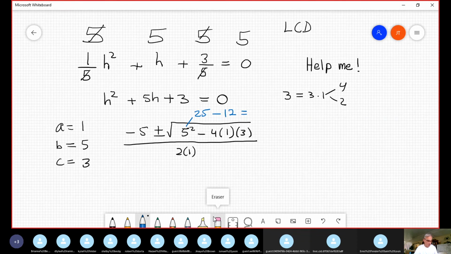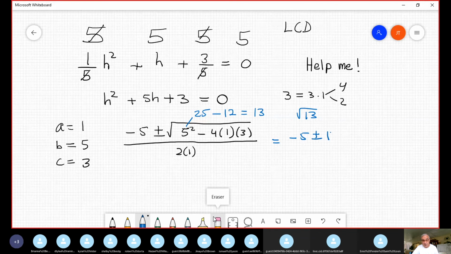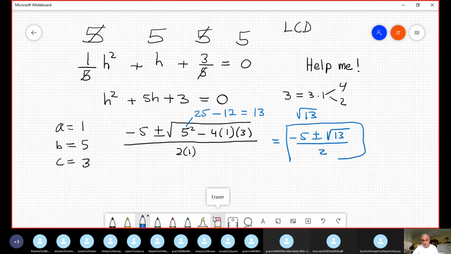And 25 minus 12 is 13. The square root of 13 stays as the square root of 13, because 13 is a prime number. It says negative 5 plus or minus the square root of 13, divided by 2. That is the answer. We cannot do any more. That is the reason we cannot discover the factorization, because look, it's irrational, the square root of 13. Impossible.